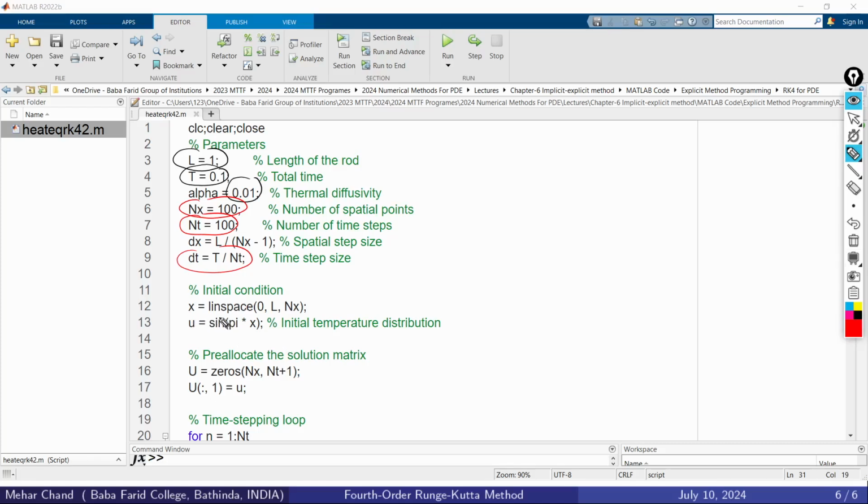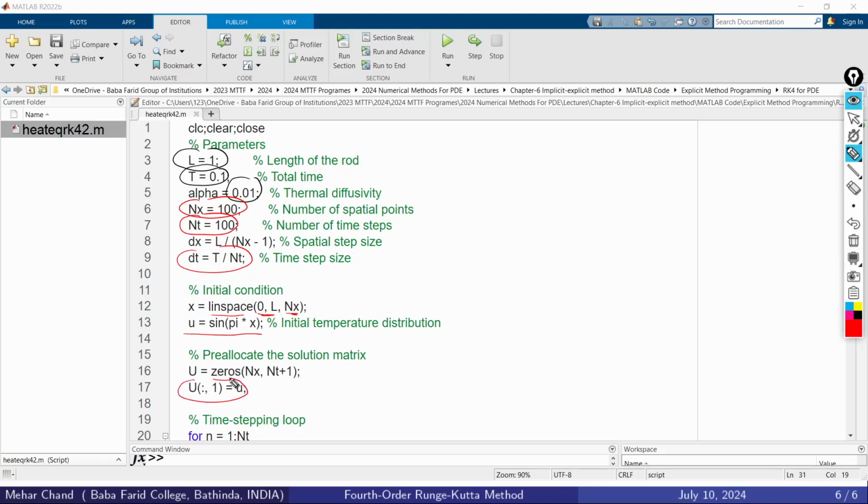Okay. Now we need to initialize the conditions. So x will be equal to linspace, which is 0 to L, and this will divide into Nx points. u is equal to sine pi x. This is the initial temperature distribution, and pre-allocate the solution matrix: U is equal to zeros Nx, Nt plus 1, and U colon 1 is equal to u.